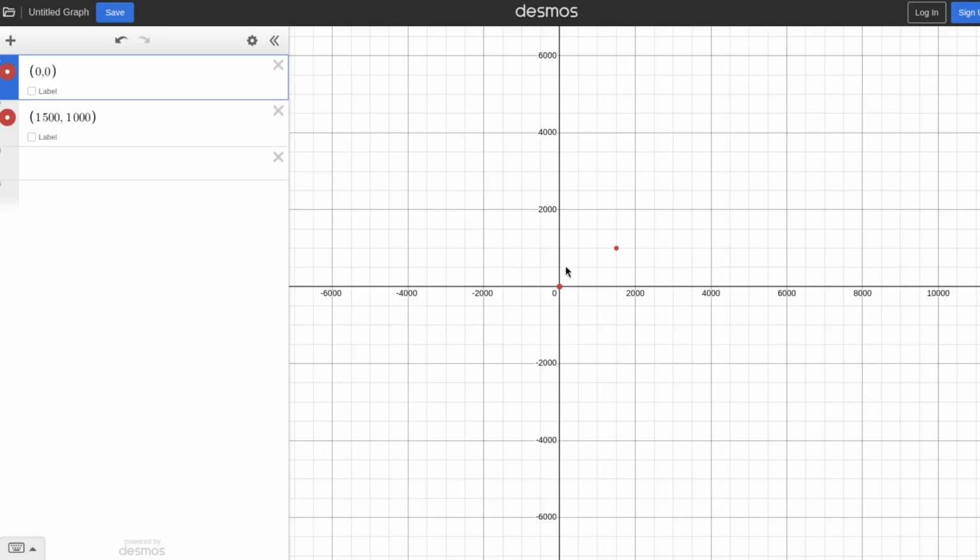And so let's say each cell is 2,000 meters by 2,000 meters. That means that if I want to represent this number here, it's going to be something like 500, 0 in the 0, 0 cell. If I wanted to represent this point right here, it would be something like 500, 0 in the 0, 1 cell.